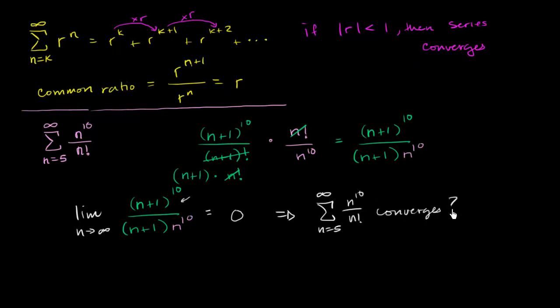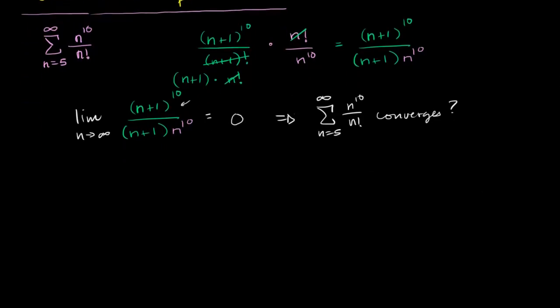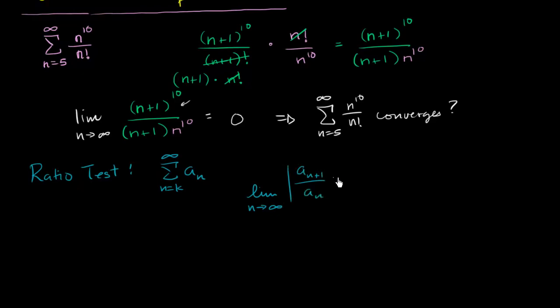So can we make this statement? And the answer is yes, we can. And what allows us to do it is the ratio test. So let me write that down. The ratio test. All the ratio test tells us is if we have an infinite series, from n equals k to infinity, and if we take the limit as n approaches infinity of the absolute value of a sub n plus 1 over a sub n, and over here I didn't take the absolute value of that limit, but we absolutely could have.